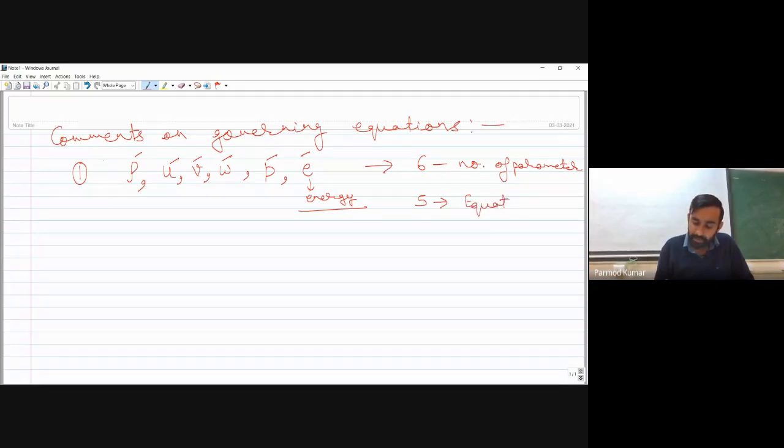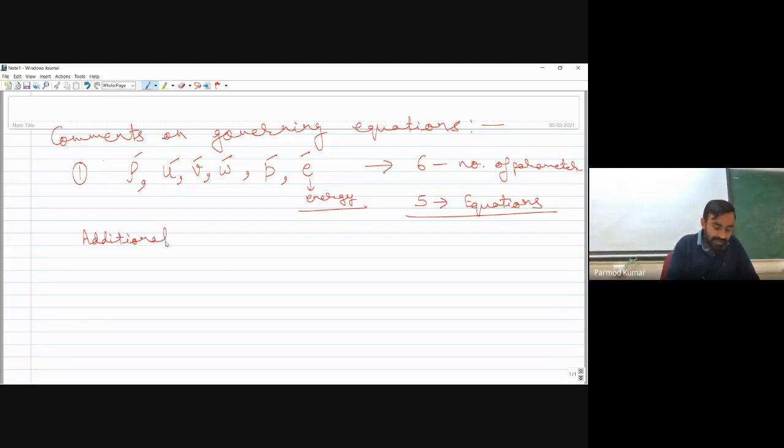The number of parameters exceeds the number of equations available. So how do we obtain 6 parameters with only 5 equations? These equations are not sufficient to derive all the parameters, so we require some additional equations.